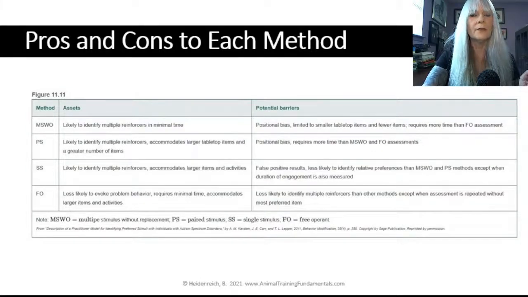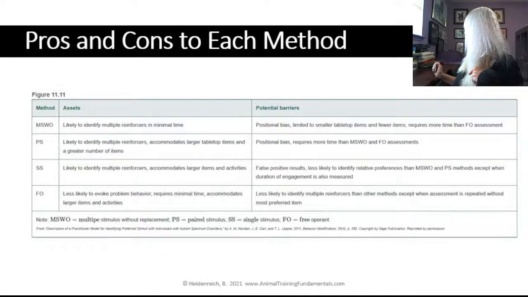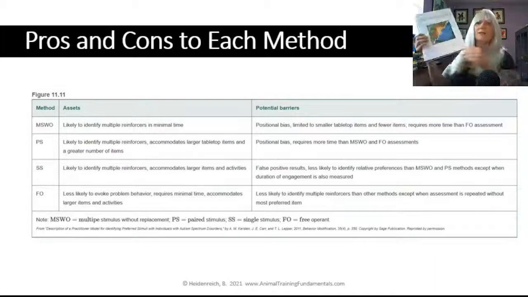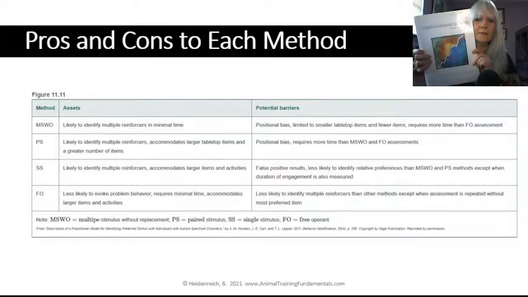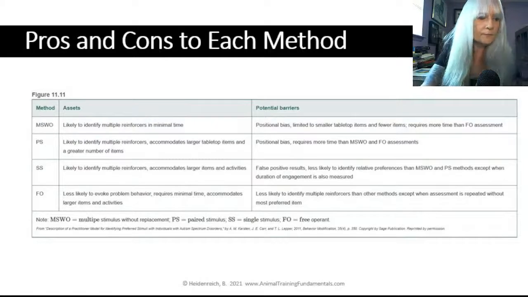You can get more detail about those pros and cons from the Cooper book, if you don't have that book. Although there's lots of stuff on stimulus preference assessment out there if you do a little looking around.